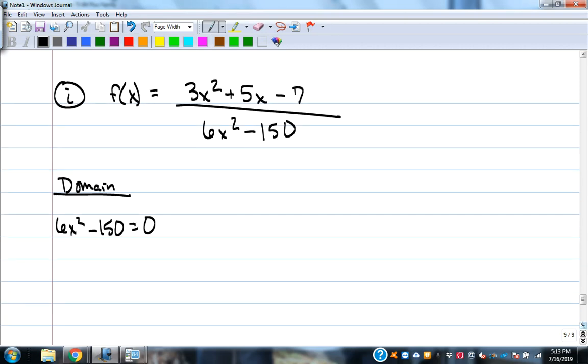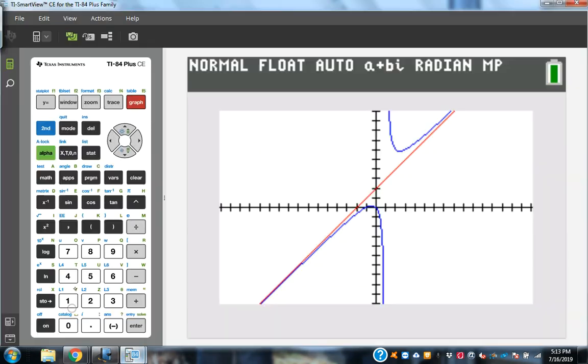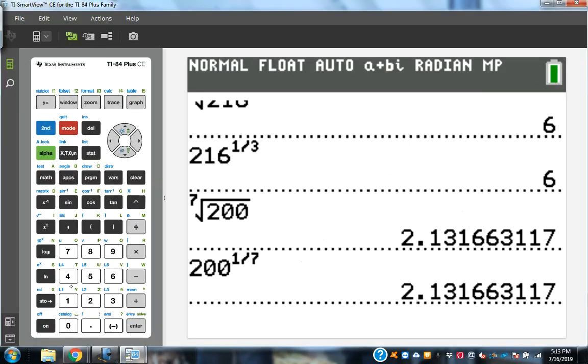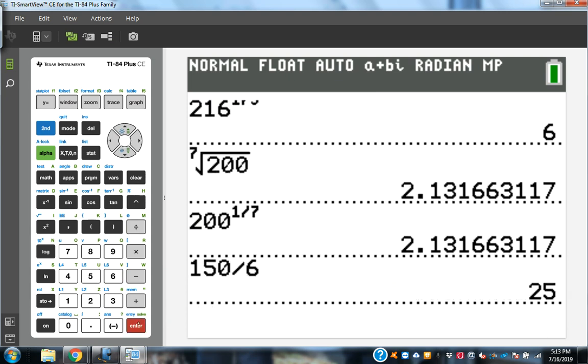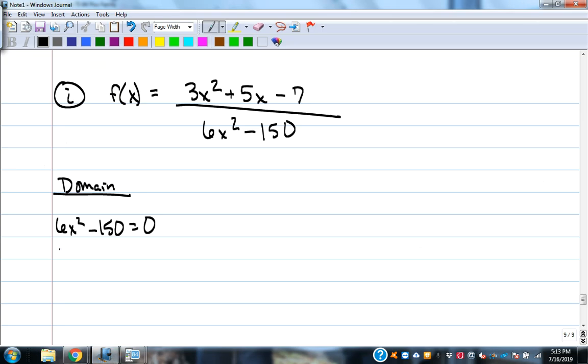I know 2 does. 3 also does. But if 2 and 3 do, then I bet 6 does. So if I just check that real quick, 150 divided by 6. It goes evenly. That's nice. Doesn't always work that way, but it does on this one. So 6 parentheses x squared minus 25.